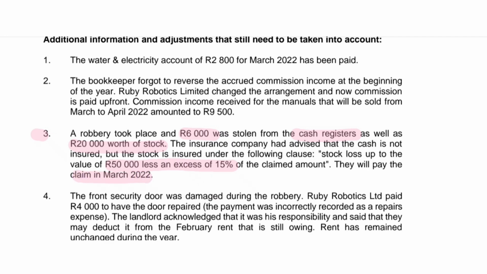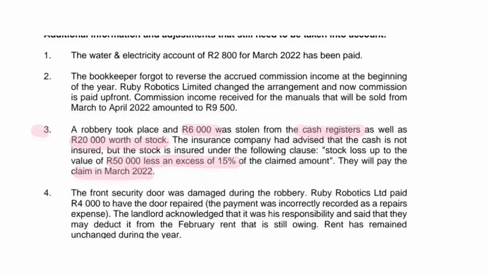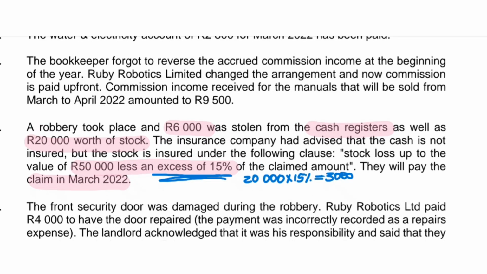When we are talking about an excess fee, usually when you claim from insurance, you have to pay something before you claim. This is just an insurance practice to ensure that people don't take advantage of their insurance. The excess fee for the 20,000 worth of trading stock works out to be 3,000 rand.